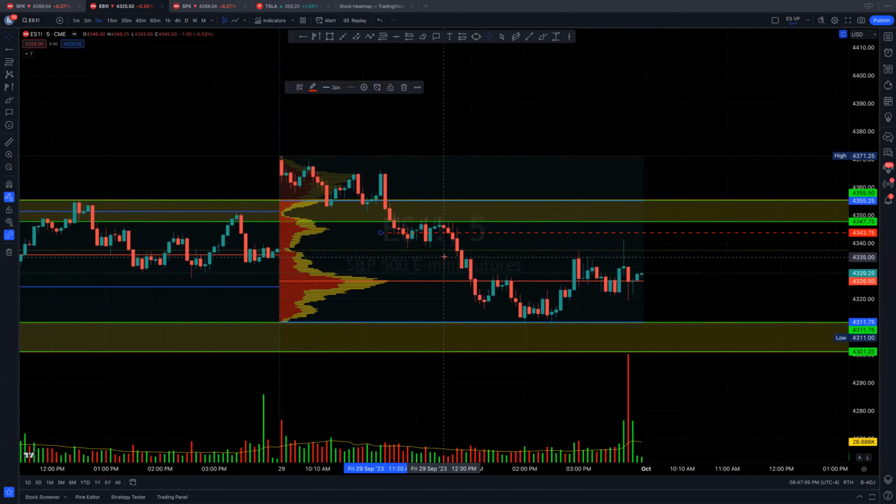Hard stop or mental stop? It really depends on your style of trading. If you can have proper RR, risk to reward, with mental stops, I think that's perfectly fine. If you can't measure proper risk to reward, then I would have a hard stop and a hard take profit.